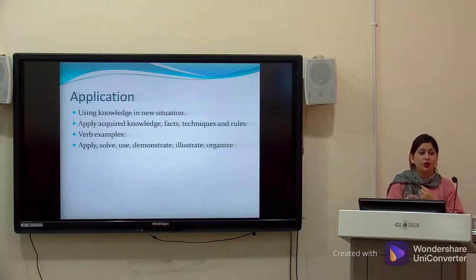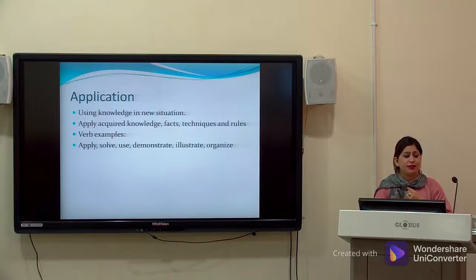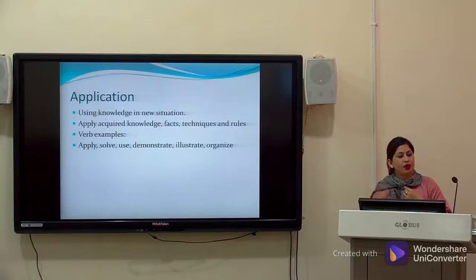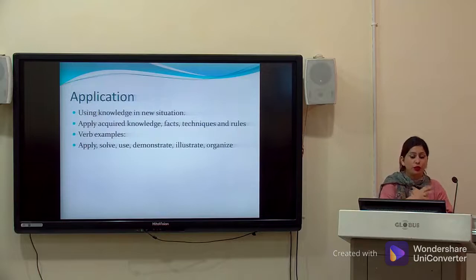When the teacher uses those action verbs to assess the application level, and if the learner is able to do this, then we can say the learner has reached the application level. So the first level is the knowledge level, that is acquiring the knowledge. Second is comprehension, the understanding level, when we understand a concept. And the third is the application part, when we use the knowledge in a new situation.